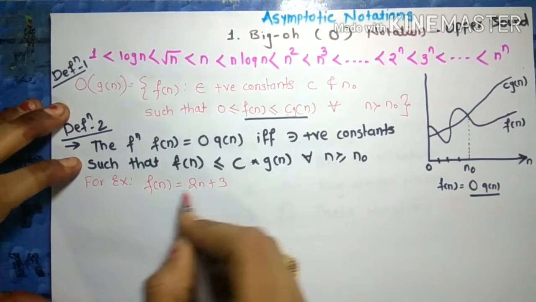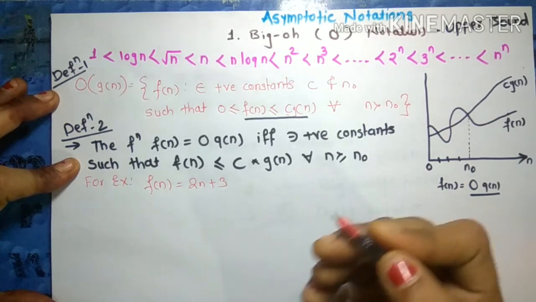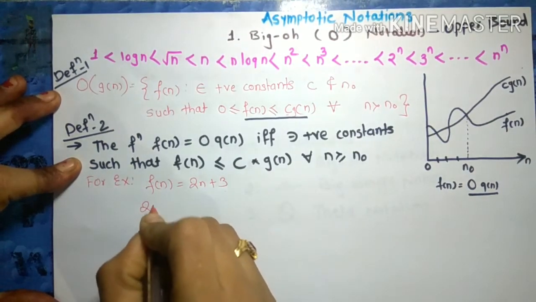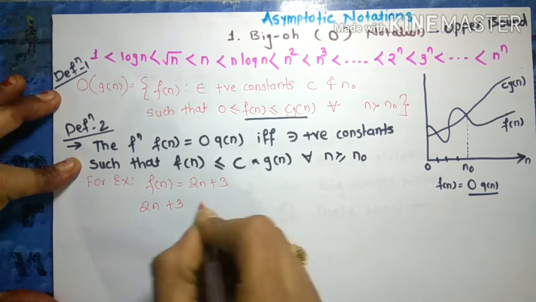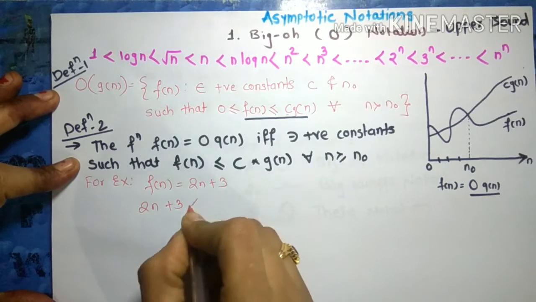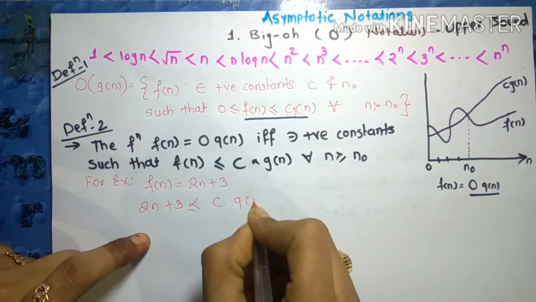So what will be the g of n? It is 2n plus 3, f of n. To make this hold, it should be less than c times g of n.